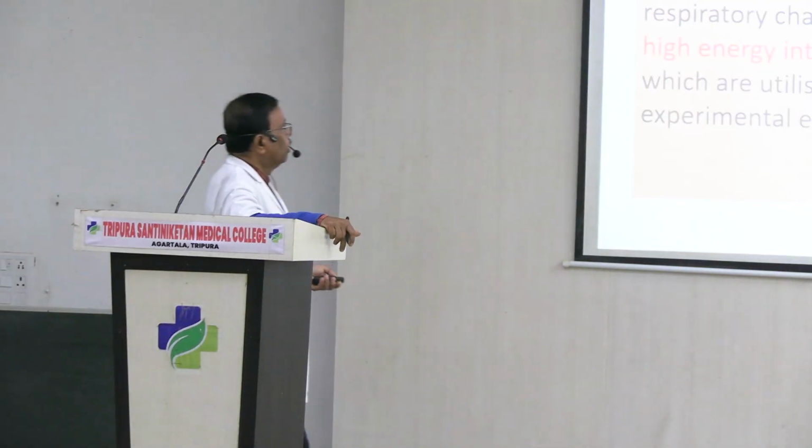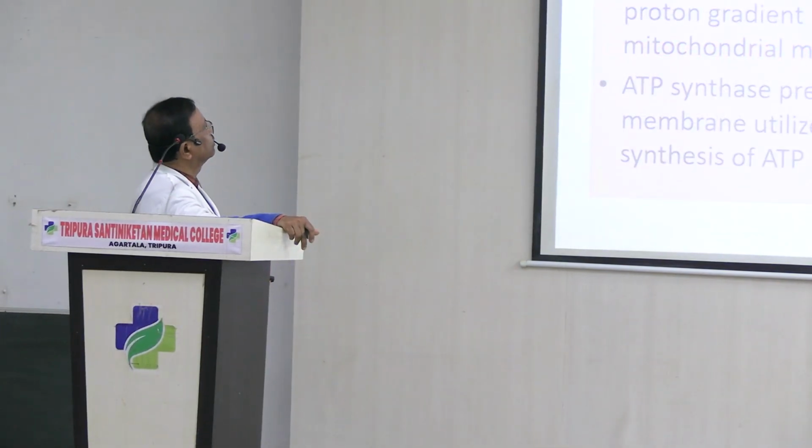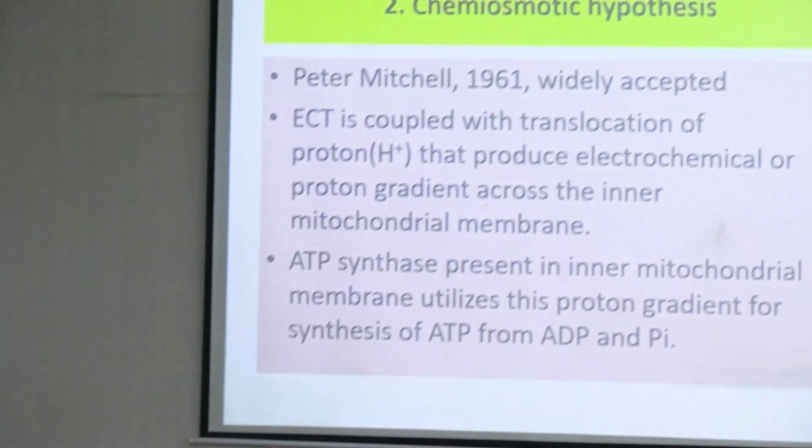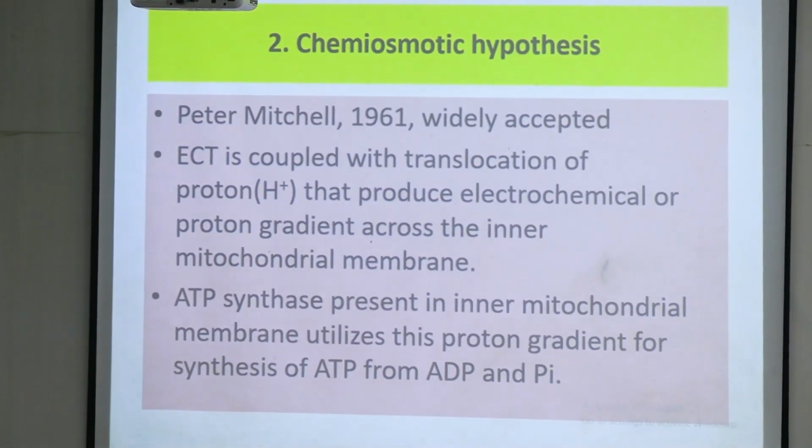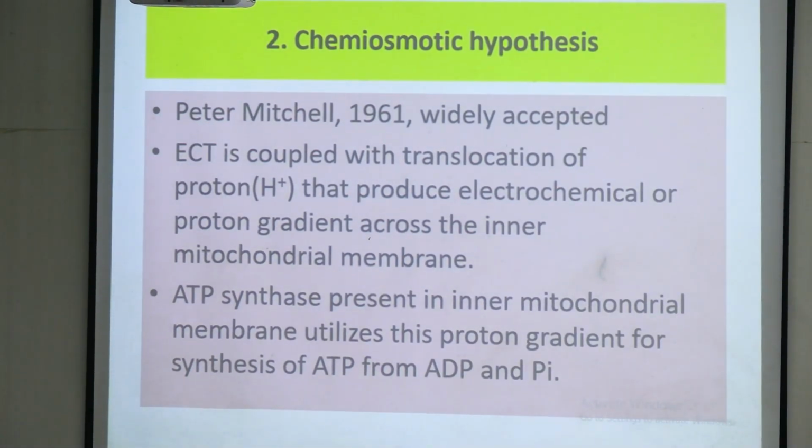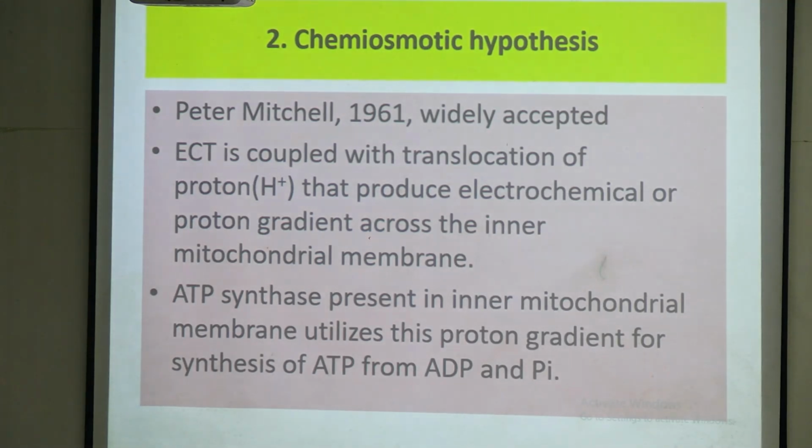So next is the chemiosmotic hypothesis. This was placed by Peter Mitchell in 1961. It is a widely accepted hypothesis. Here electron transport is coupled with translocation of protons that produces an electrochemical and proton gradient across the inner mitochondrial membrane.